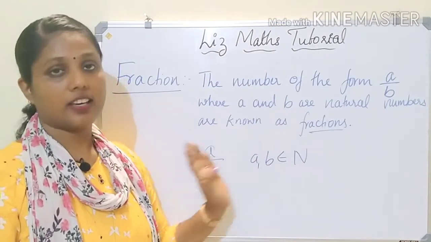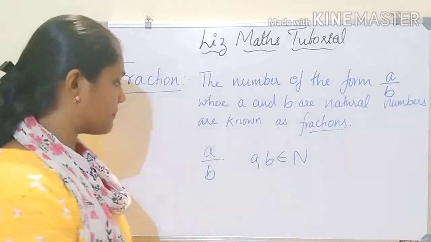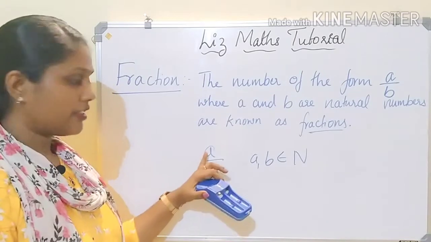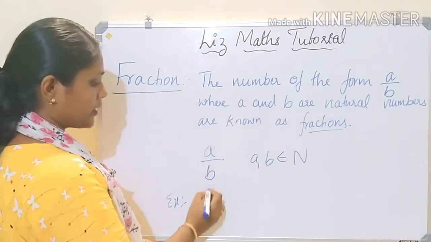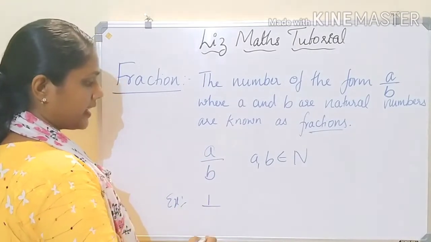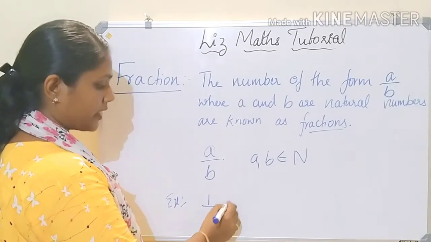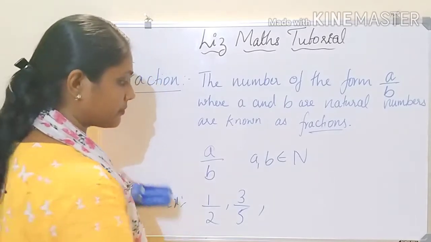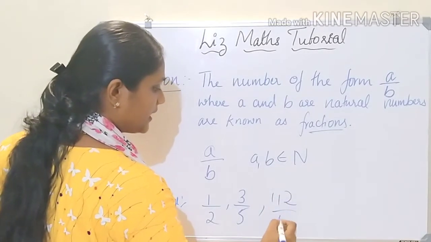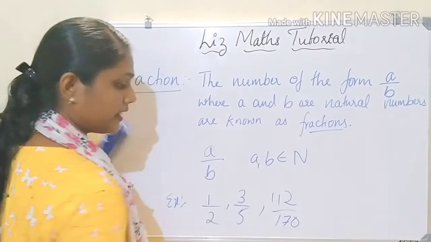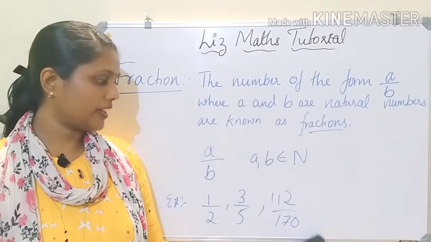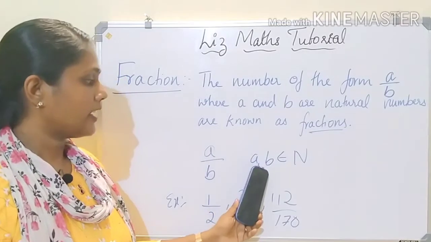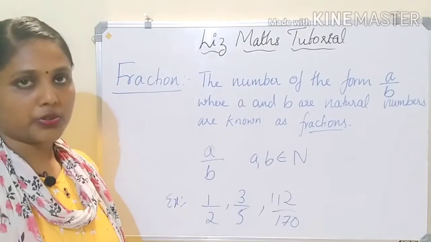For example, in the place of a I can write 1, in the place of b I can write 2 or anything, that is 4 by 3, or 5 by 112, or 70. These all are natural numbers and it is in the form of a by b, so it belongs to N.